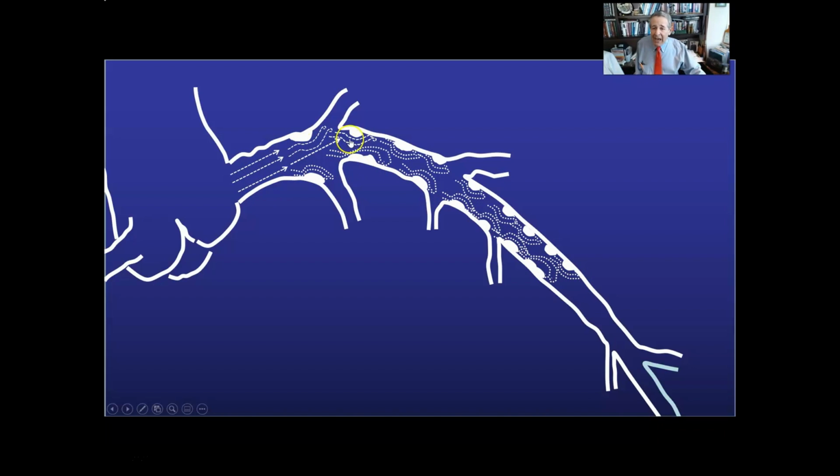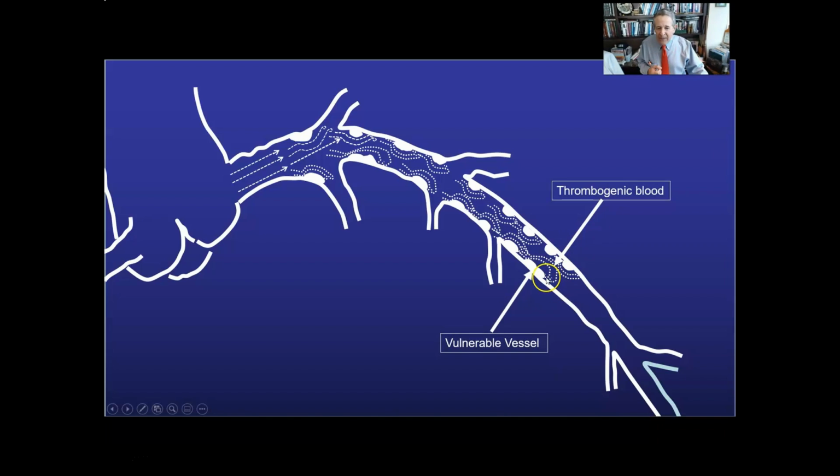So here we have disturbed flow all the way down the vessel, which is atherogenic and thrombogenic. So you have thrombogenic blood, and the vessel is narrow, stiff. Now you have a vulnerable vessel. And this is where you get your occlusion.